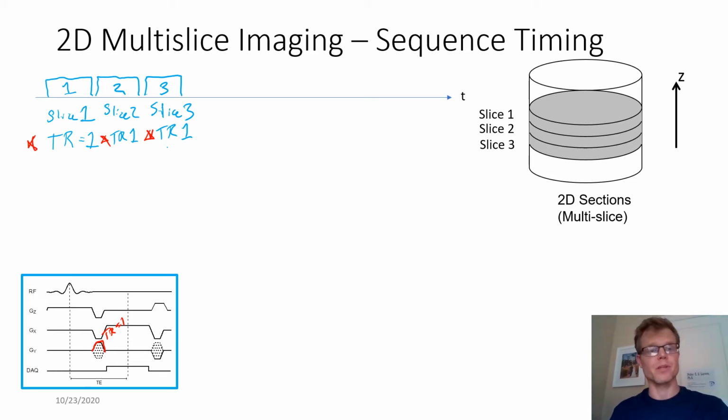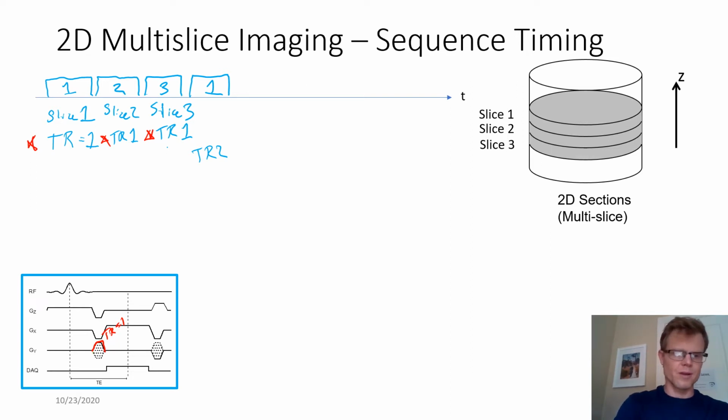And then when we've completed the same phase encoding for all slices, then we move back to acquiring data for slice 1. But now we're going to do TR number 2.